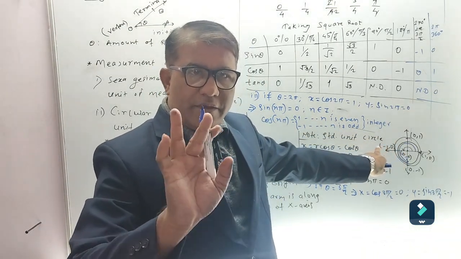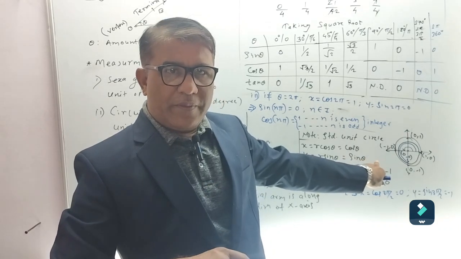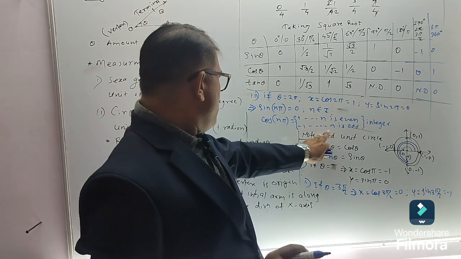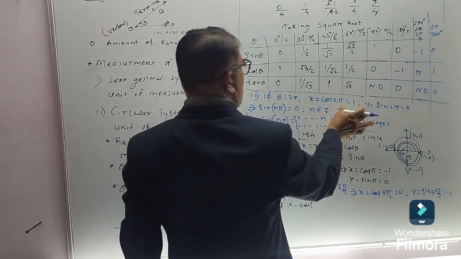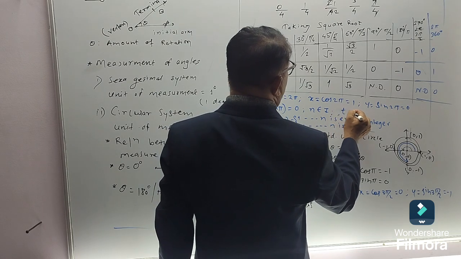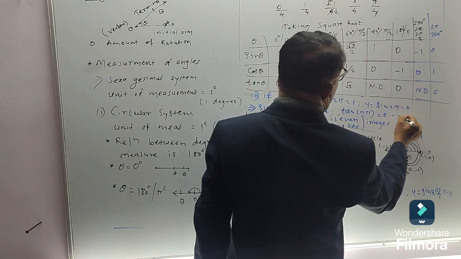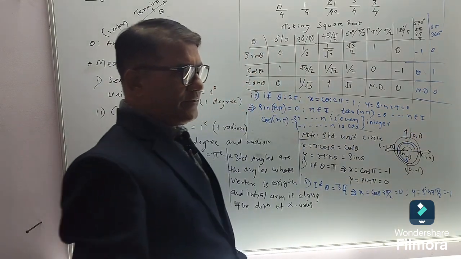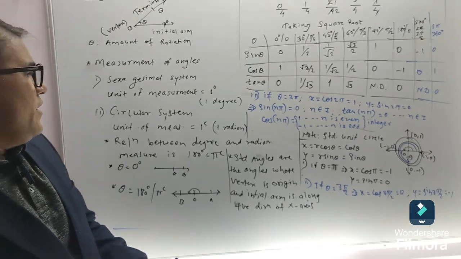Clear? If you have any doubt, please write in the comments. I will answer you in the next lecture. Sin n pi, cos n pi, and tan n pi is 0 for all integers n.